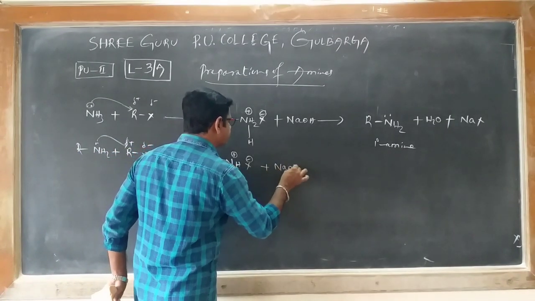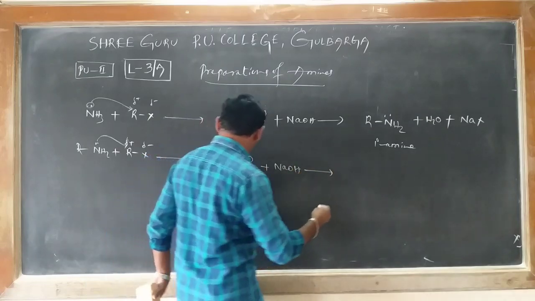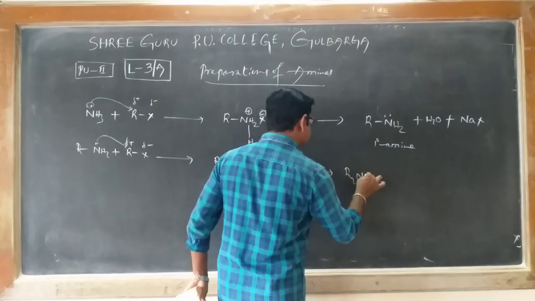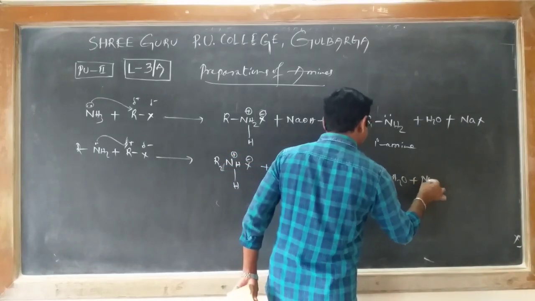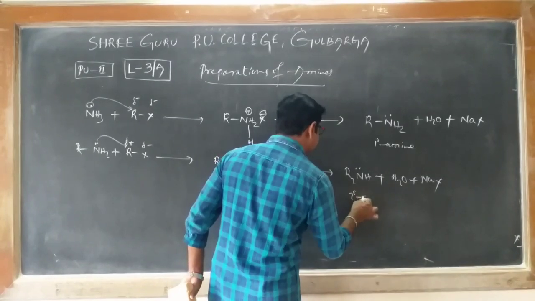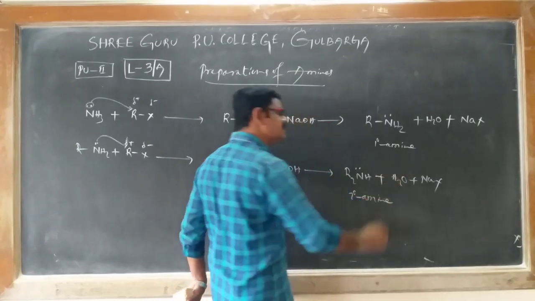This salt is reacted with sodium hydroxide to get R2NH, along with H2O and NaX. That is a secondary amine, obtained in the second stage.